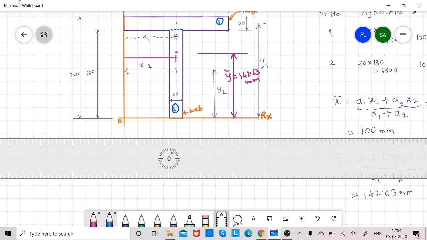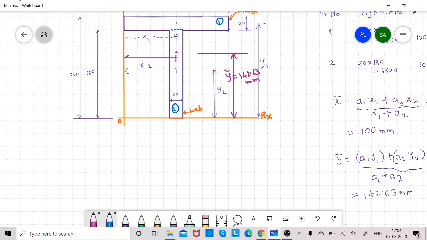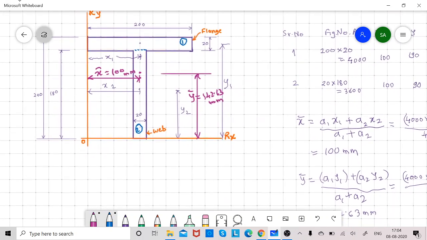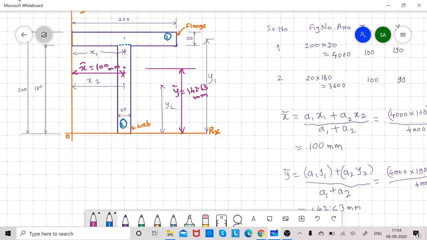So in this way we can calculate the centroid of the given figure.